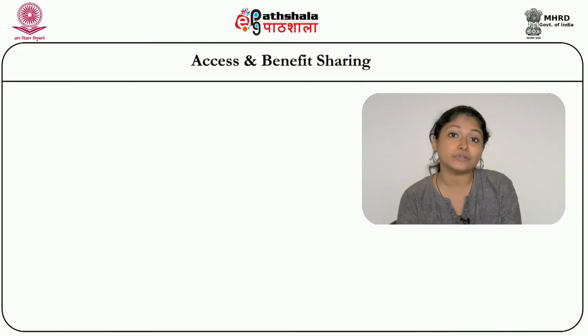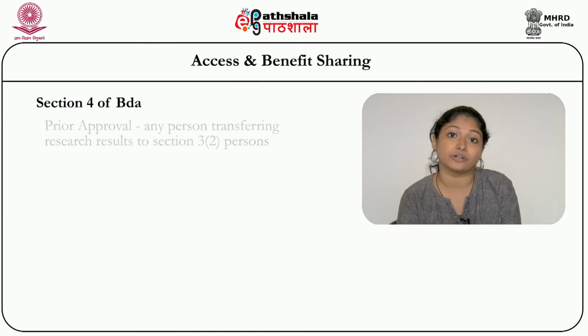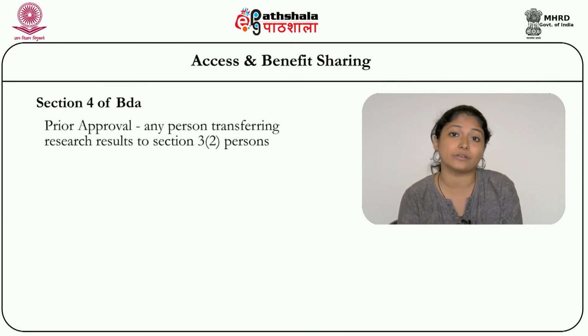And section 4 says that when anyone wants to transfer the research result of a project to a section 3(2) person, then you need the prior permission from the National Biodiversity Authority.